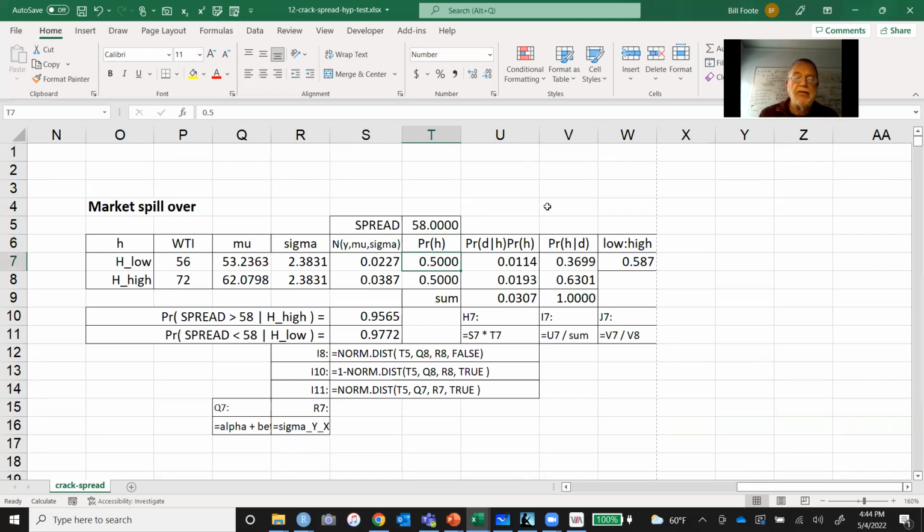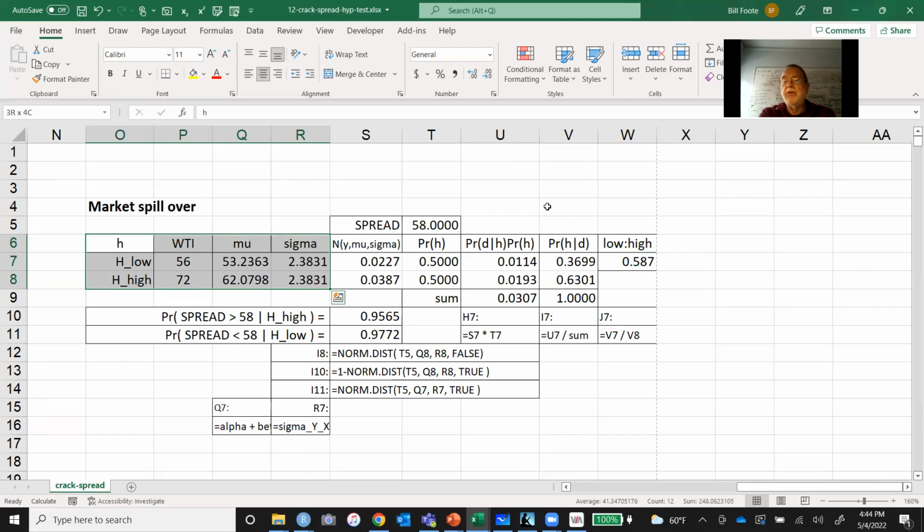We have two hypotheses, low and high WTI. That's our hypothesis. This whole piece is our hypothesis. Okay, our basic formation. But what the hypothesis implies is the rest of the story on the hypothesis, namely an average of 53 and 62 for the low and the high.